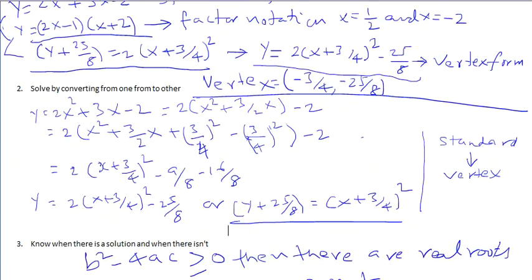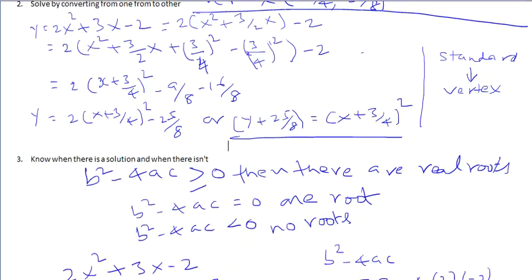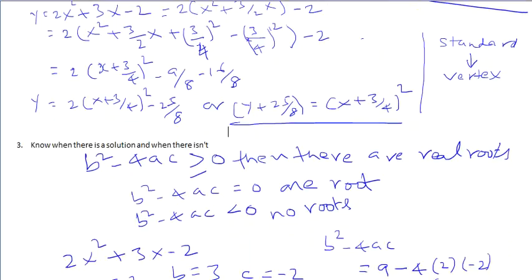Now what other things do you need to know? You need to be able to recognize when the quadratic equation has solutions and when it doesn't. A parabola or a quadratic equation can have either two roots, that is two solutions, one root, or none.